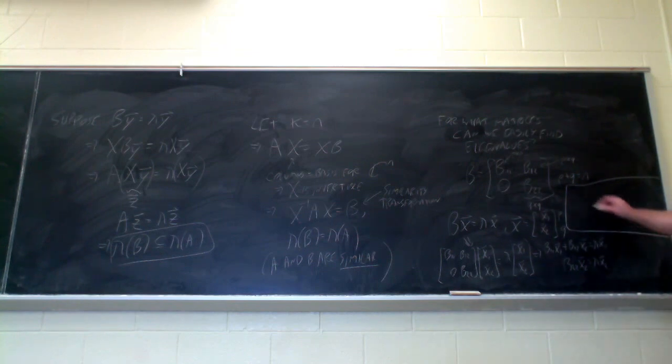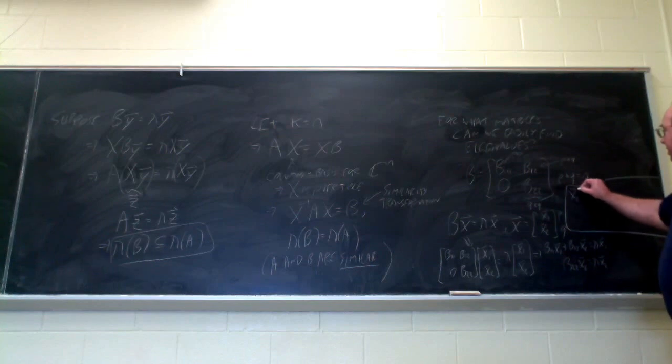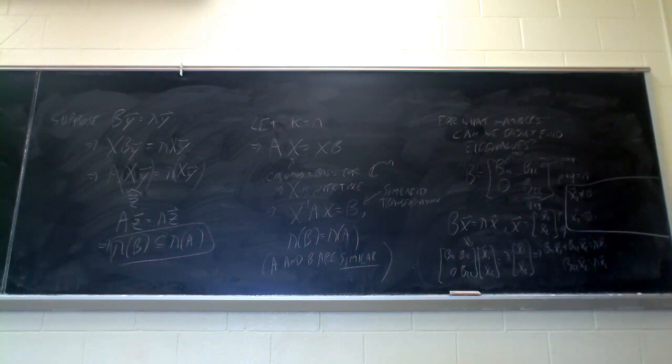So there are two possibilities. x2 is not 0, and x2 is 0. Now, let's suppose that x2 is non-zero. We look down here, we have an eigenvalue-eigenvector relationship for B22. So what we can say is that the eigenvalue of B happens to belong to the spectrum of B22.